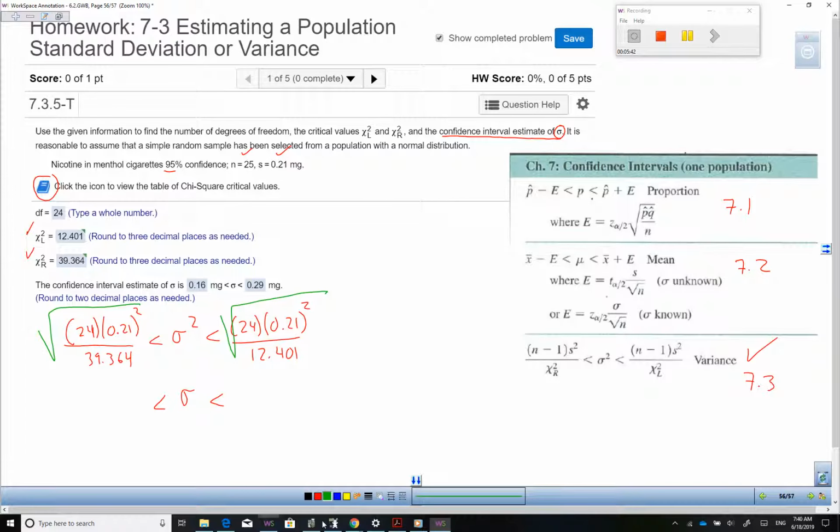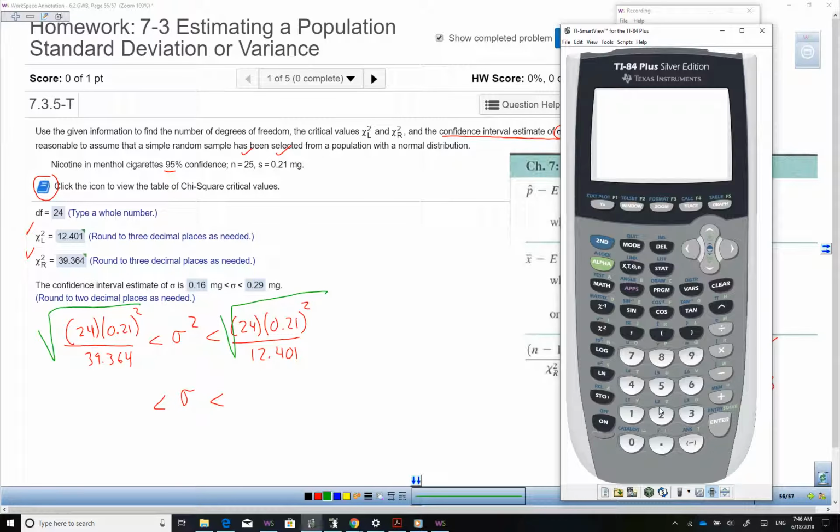Let me type that on the calculator. 24 times, I'm sorry, 0.21 to the second power divided by 39.364, and we need to take the square root of this value.